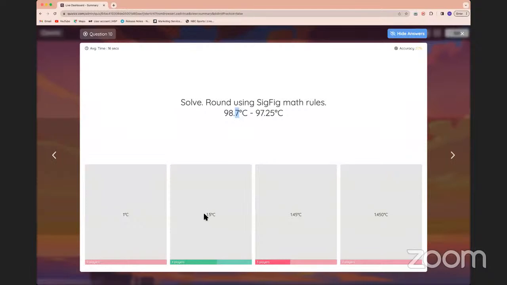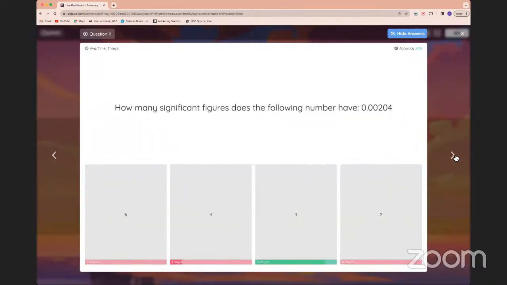So the correct answer will be 1.5 because it has 1 decimal place, which is the same as the least precise of the 2 measurements. So again, take note, when you're adding or subtracting, you look strictly at decimal places. When you're dividing or multiplying, you look strictly at significant figures.